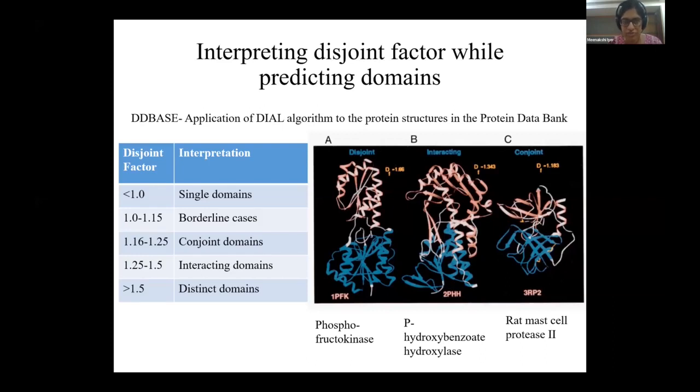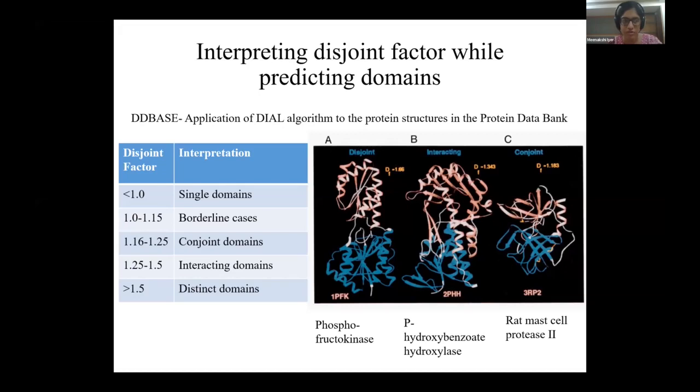But in case of a value slightly higher than 1, between 1.0 and 1.15, these are borderline cases. Either there is a single domain, or, as Sowdhamini ma'am had mentioned, in some domains they are very intricately interacting with each other. So here we may have such cases of conjoint domains.